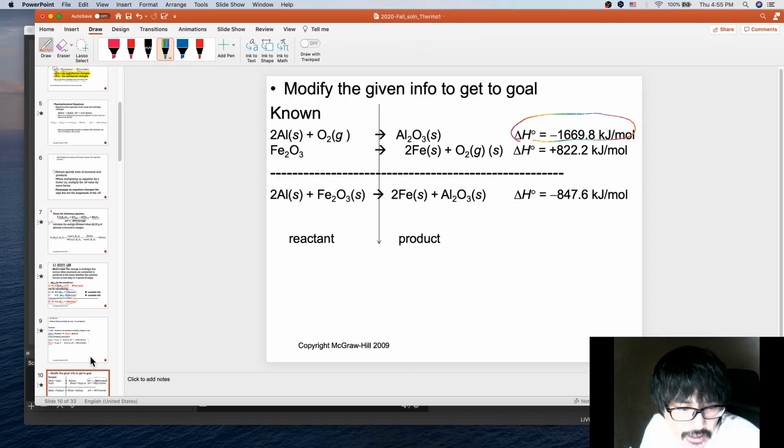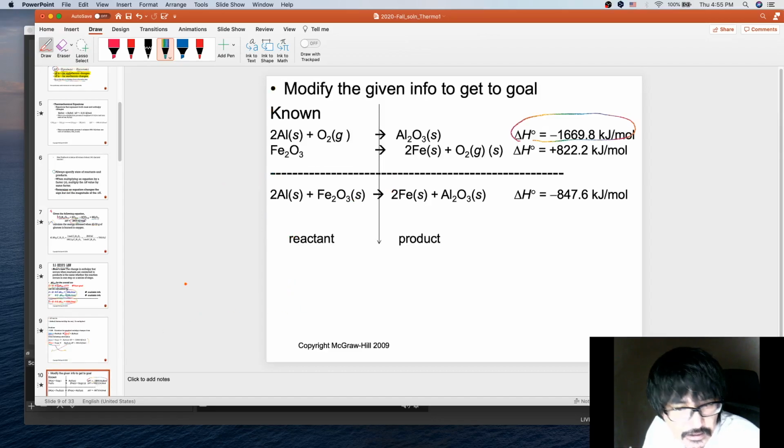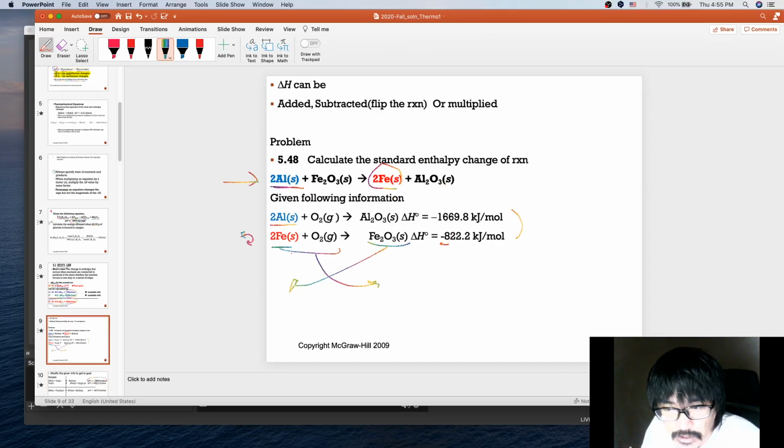The second reaction, because Fe shows up on the product side of the target equation, I'm going to have to swap these into the product and these into the reactant, right? So that's what I did, and when you do, you have to change the positive and negative.